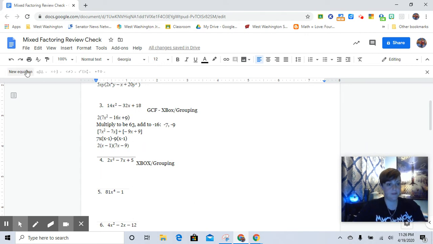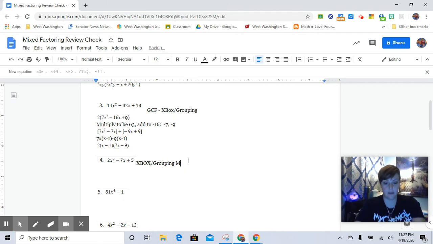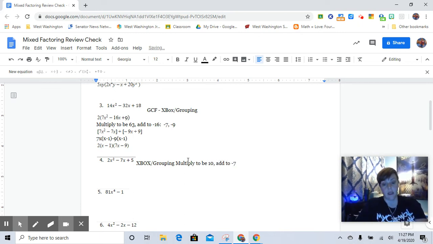All right. So what 2 numbers multiply to be positive 10 and add to negative 7? And so those numbers, of course, are -5 and -2.